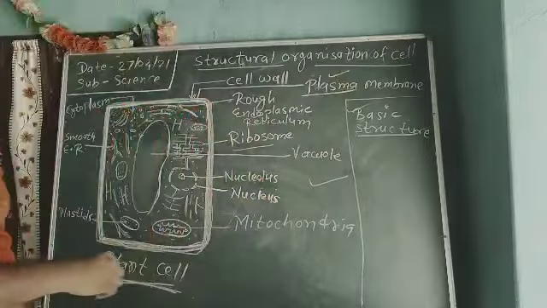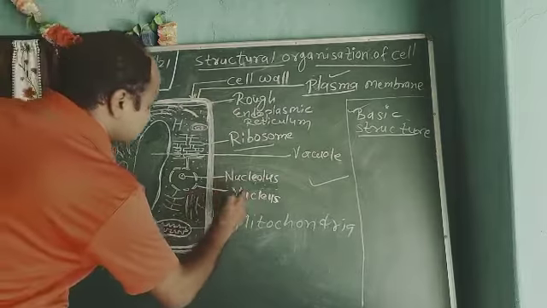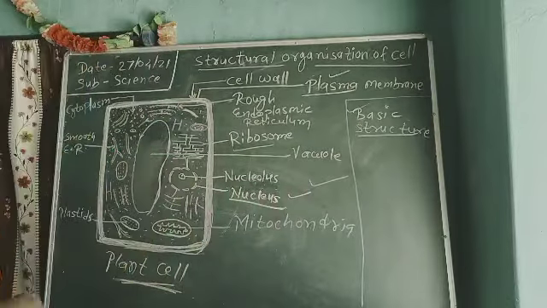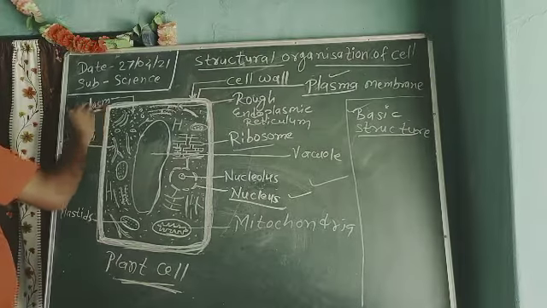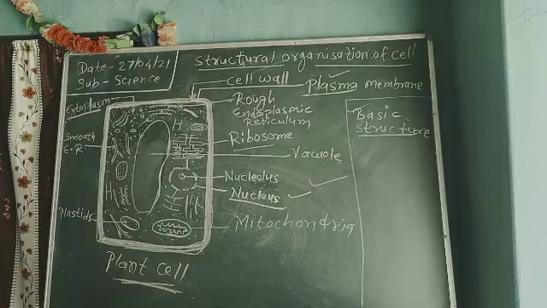First is the cell membrane or plasma membrane, and second is the nucleus. This is the nucleus in the plant cell. And third is the cytoplasm.